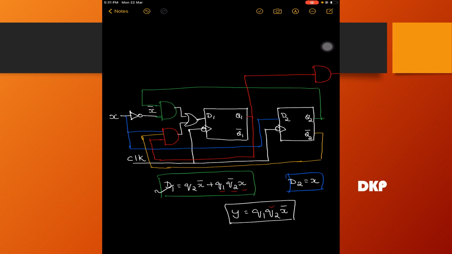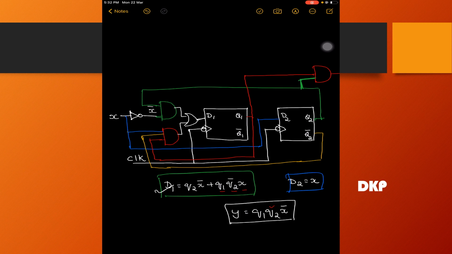Q2, you have to extend from this. This is your Q2.